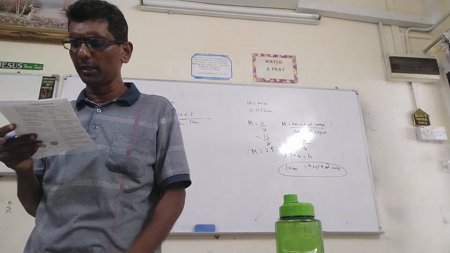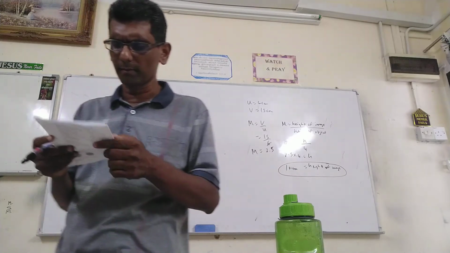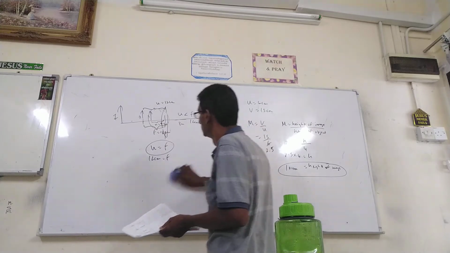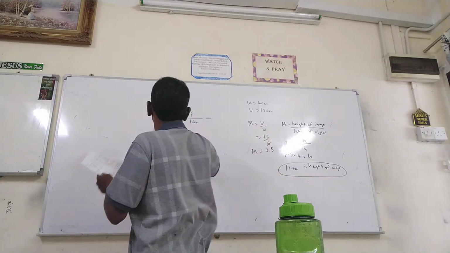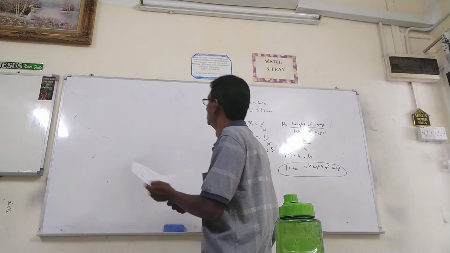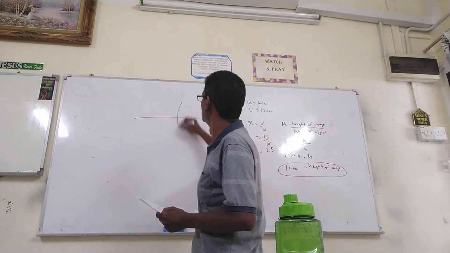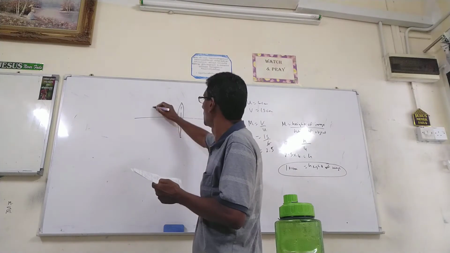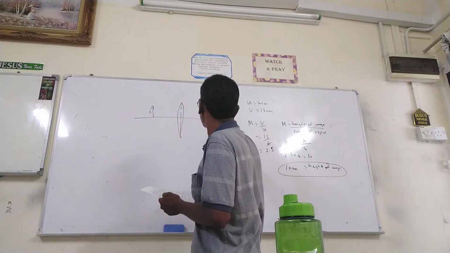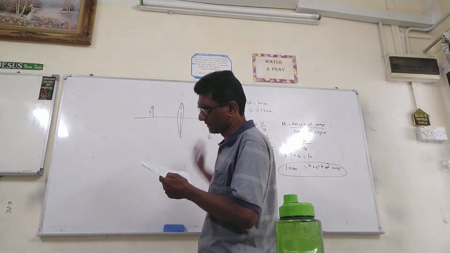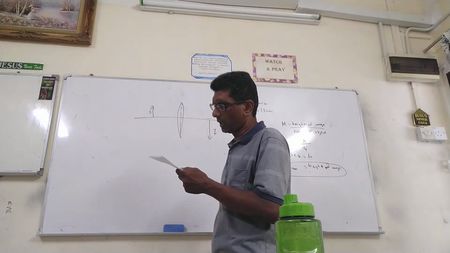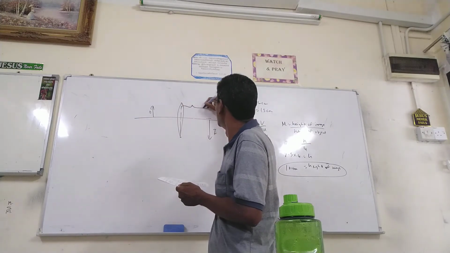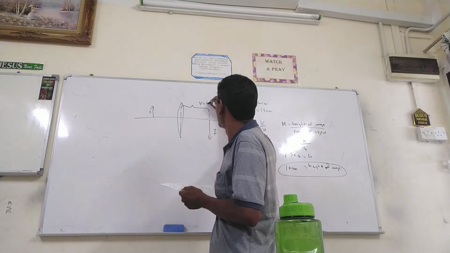Question 13. The real image of the candle is formed at 60 cm. The object is here, and the image here, on the other side of the lens. The real image is 60 cm.